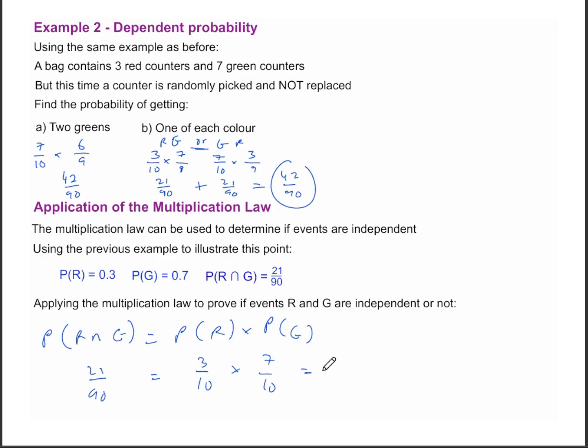While this on the right side is just 21 over 100. Are these equal to each other? They are not. And because they're not equal to each other, we say that they are not independent. If they would be equal to each other, then yes, they would be independent.